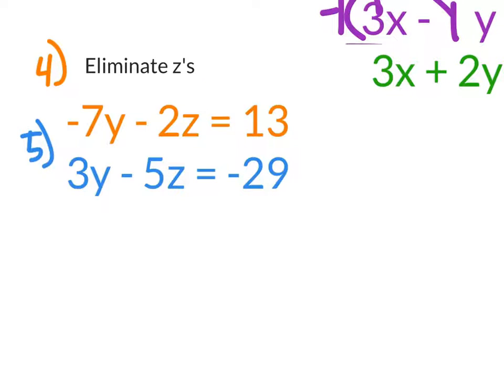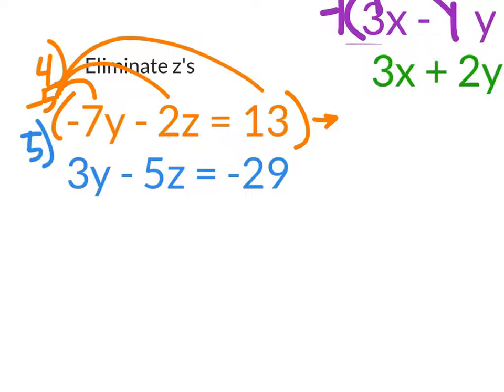So all I'm going to do is take the top equation here, and I'm going to multiply it by negative 5. Now what that is going to do, because I do need to distribute the 5 into all of the terms here, is make the coefficient of z a positive 10.